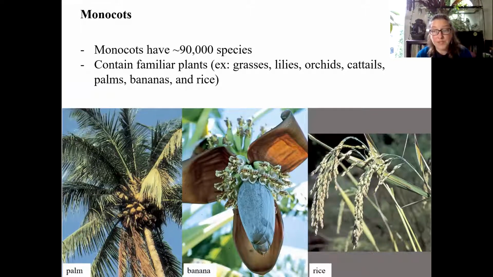Monocots have a lot of species as well, right? 90,000, that's a lot. And they contain plants you might be familiar with, including grasses, lilies, orchids, cattails, palms, bananas, and rice, right? So those are examples of plants in the monocots.